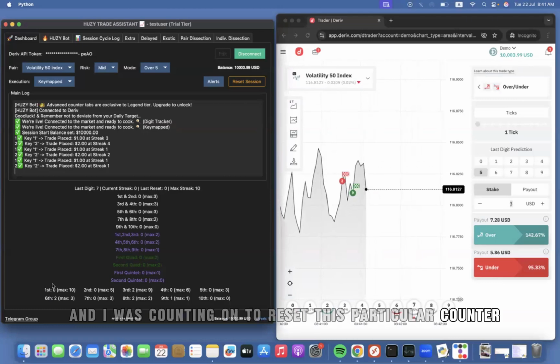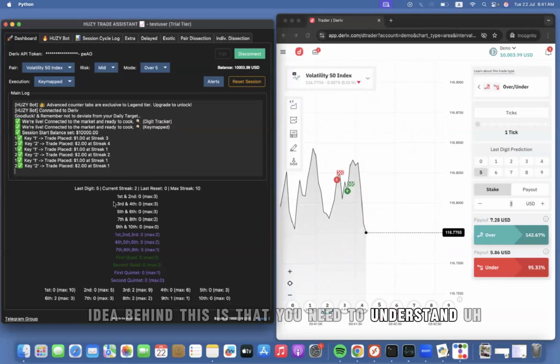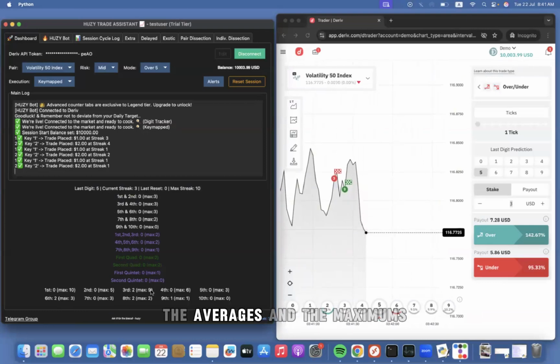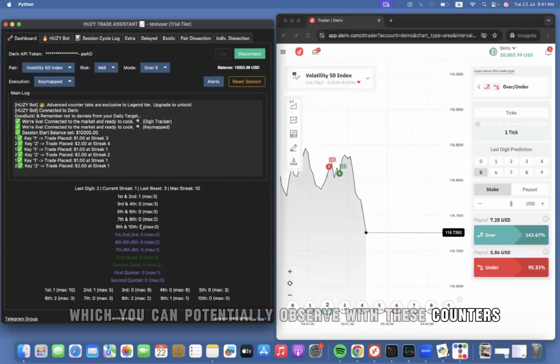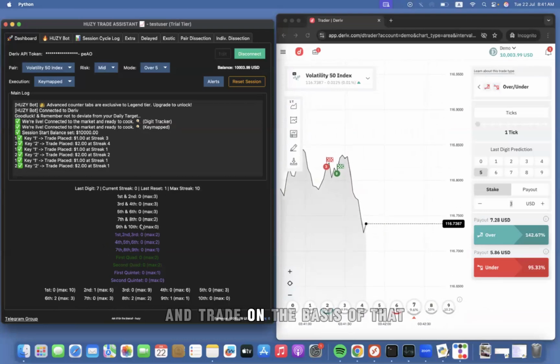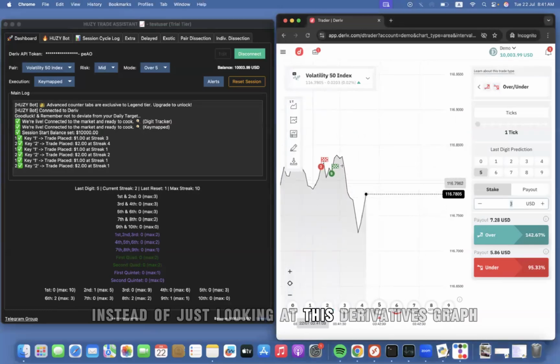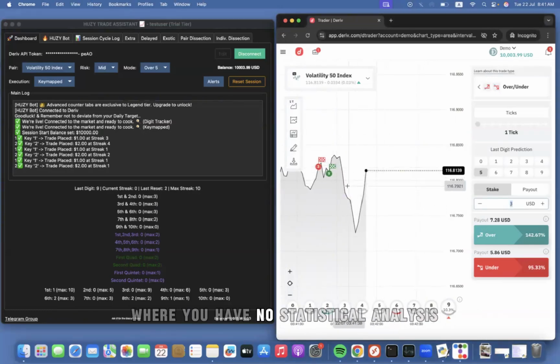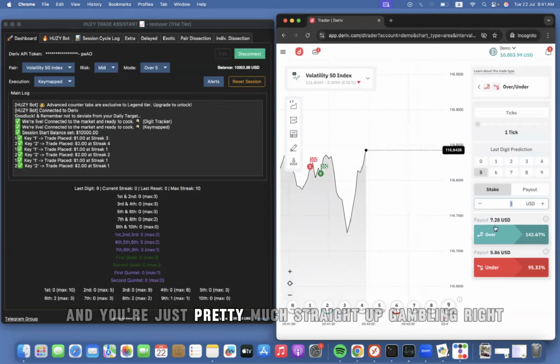So the main idea behind this is that you need to understand the averages and the maximums which you can potentially observe with these counters and trade on the basis of that, instead of just looking at Deriv's graph where you have no statistical analysis, no determination of the flow of the market, and you're pretty much straight up gambling, right?